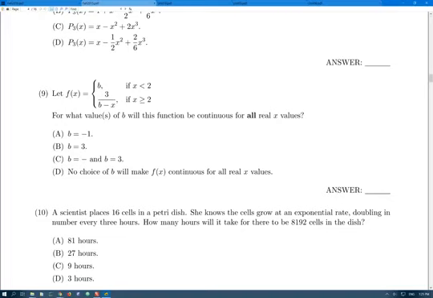One second. Everything is loading. Oh, the answer keys are all posted on OnQ. So if you go to the Math 121 website, OnQ site, on the right-hand side, actually, I can just show you.